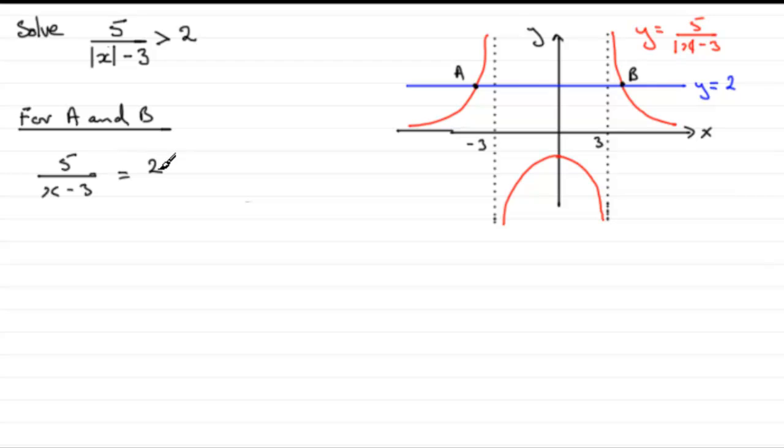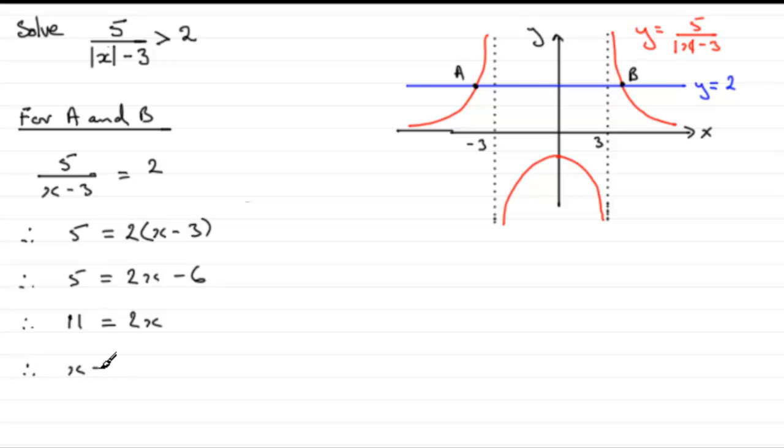And I'm going to rely on the symmetries of the graph to find out A and B. If I multiply both sides by x minus 3, I get 5 equals 2 times x minus 3. Expand the bracket out and you've got 5 equals 2x minus 6. Add 6 to both sides and you get 11 equals 2x, and now divide both sides by 2 and you get x equals 11 over 2, or 5.5.